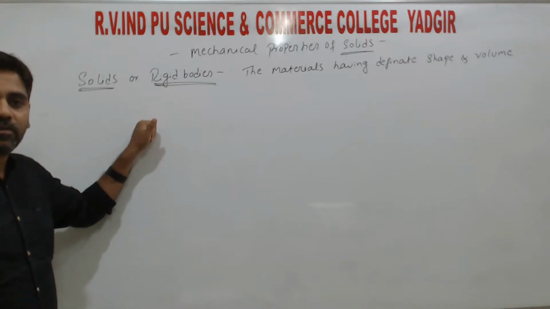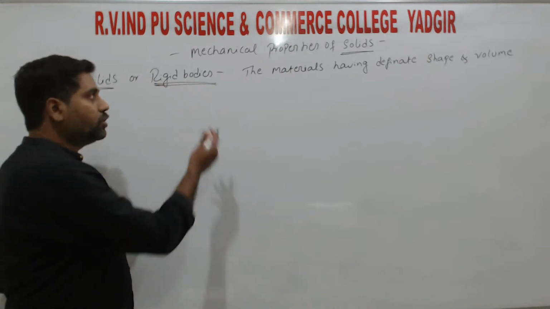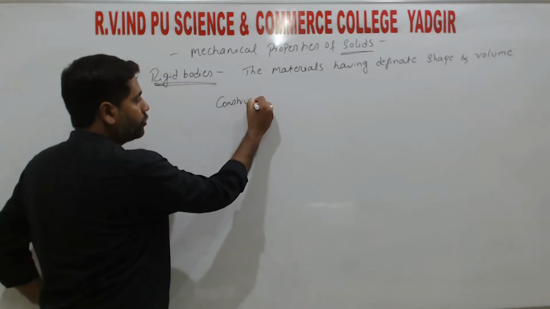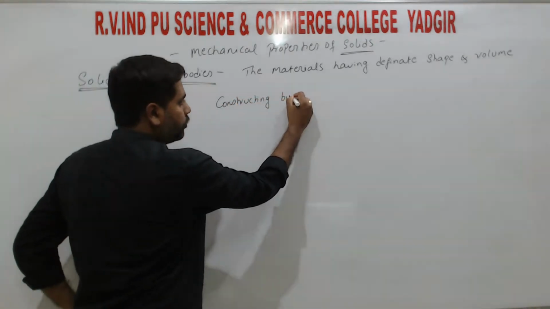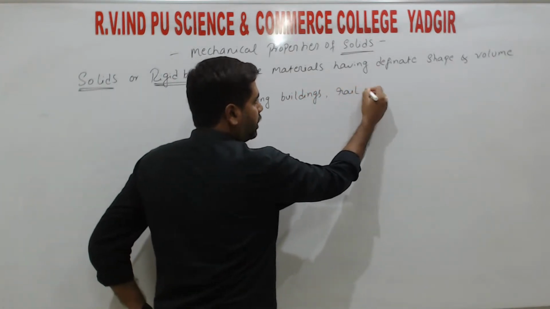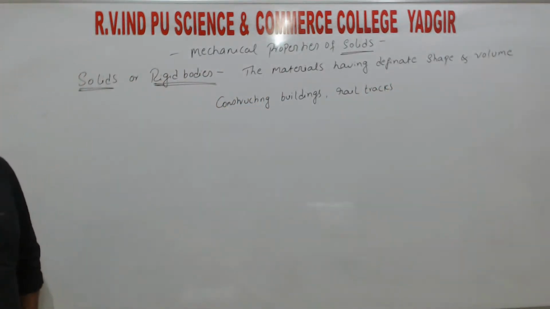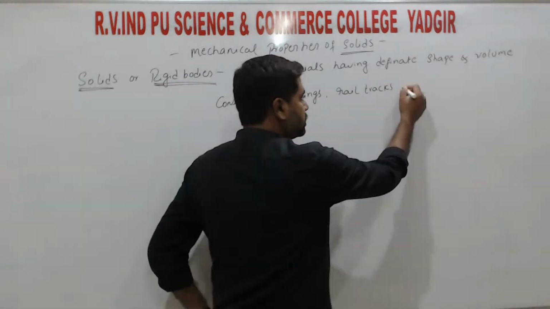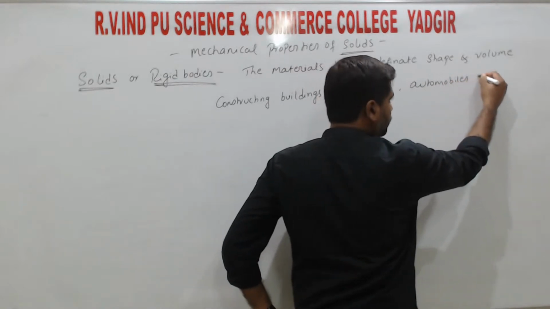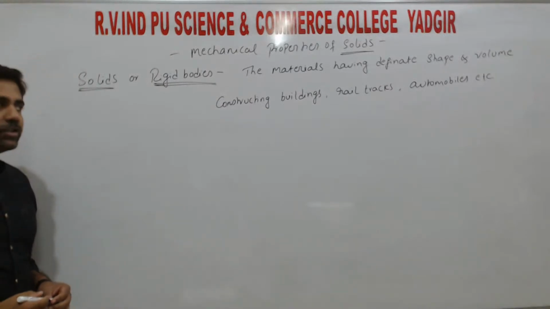Where are we using solids? By using these solids or rigid bodies, we construct buildings, rail tracks, and design automobiles. There are many uses, etc. So these are a few uses or applications of solids.